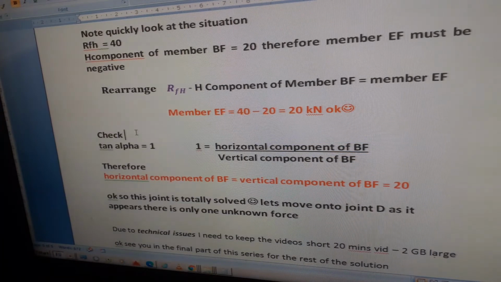If we just do a quick check, tan alpha equals 1, because tan 45 equals 1.